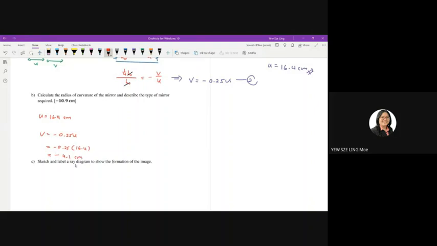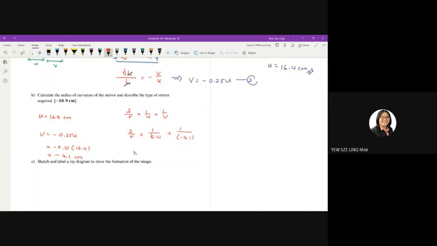To determine the radius of curvature, we have 2 over R equals 1 over U plus 1 over V. So plug in the values: 2 over R equals 1 over 16.4 plus 1 over negative 4.1.